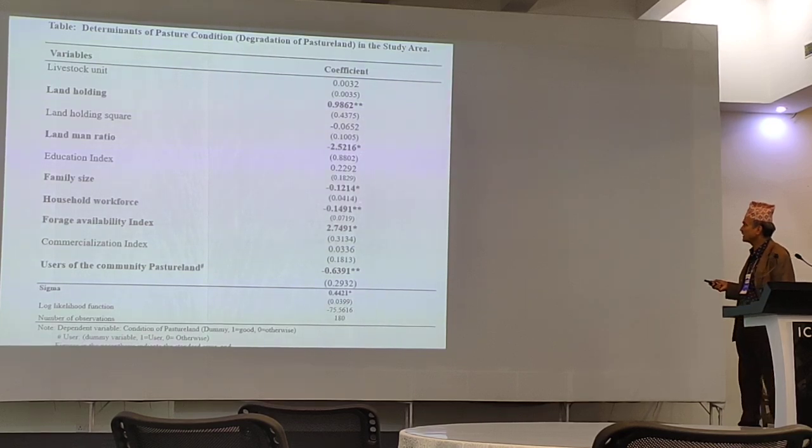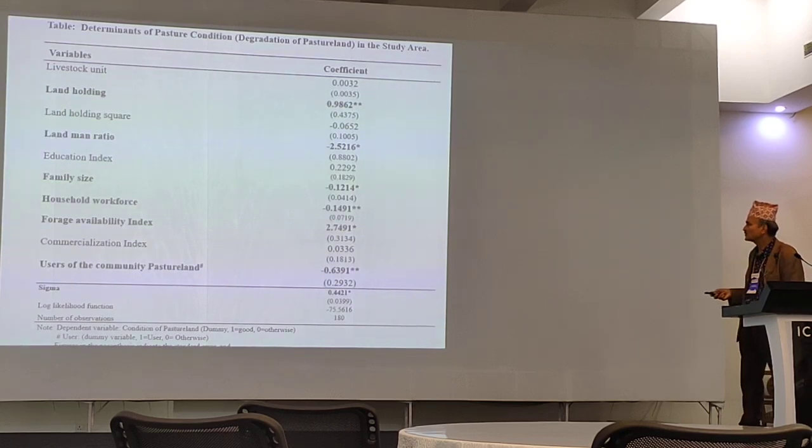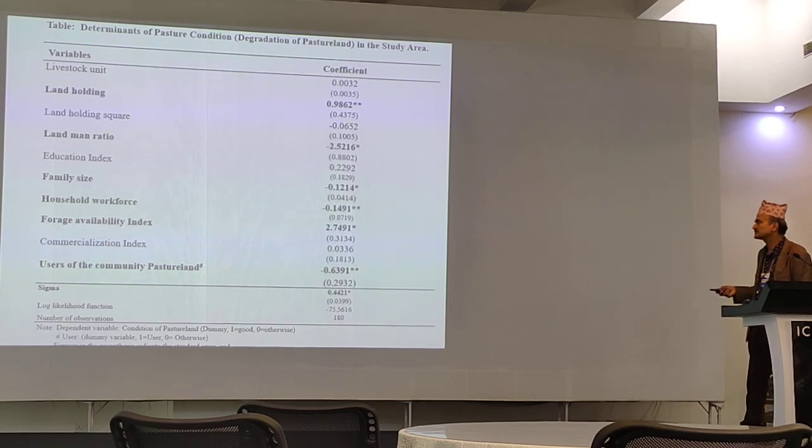Forage availability index was higher there as well. Users of community pasture land means the ones who use it and the ones who don't use it. The variable was like that.